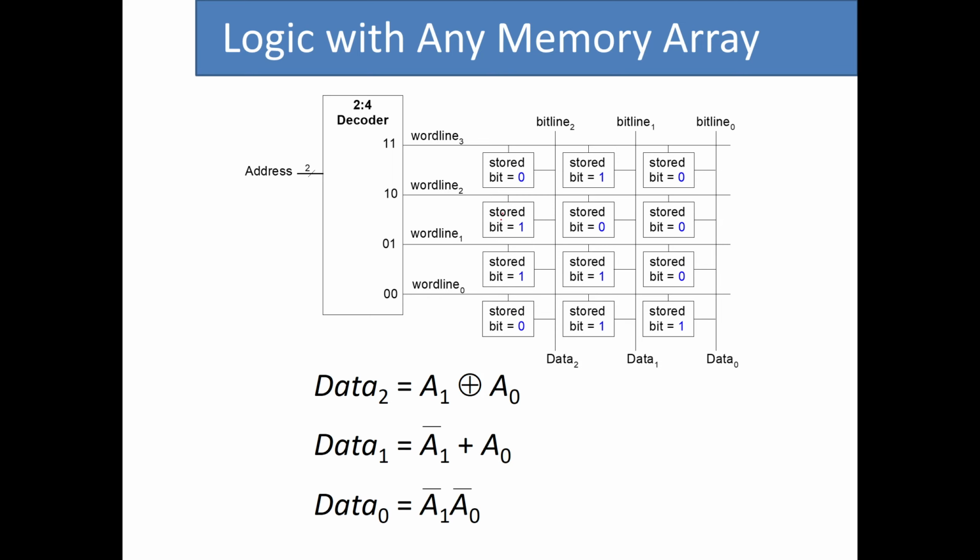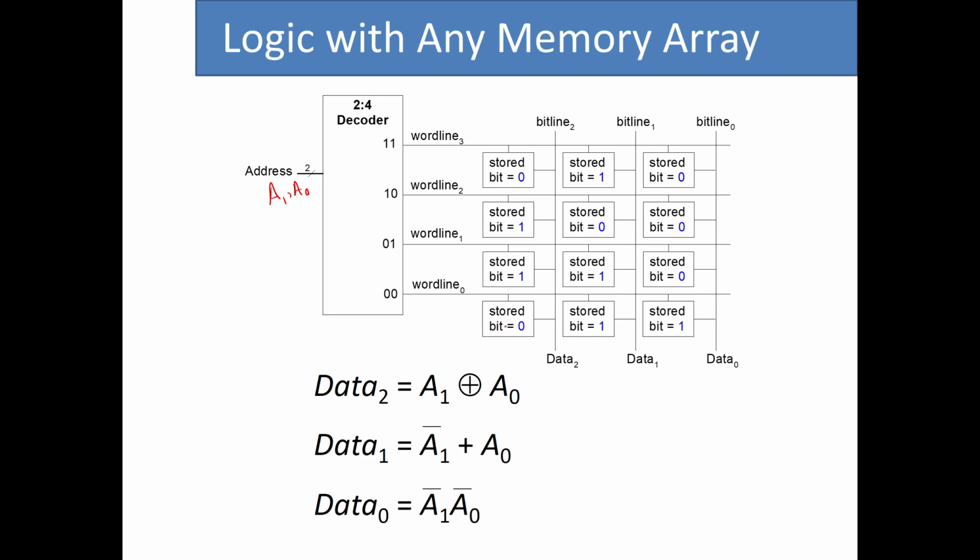So here you see that we have two address bits again, A1 and A0. For word line 2 and word line 1, we have stored ones for data 2, and for word line 1 1 and 0 0, we have stored 0.